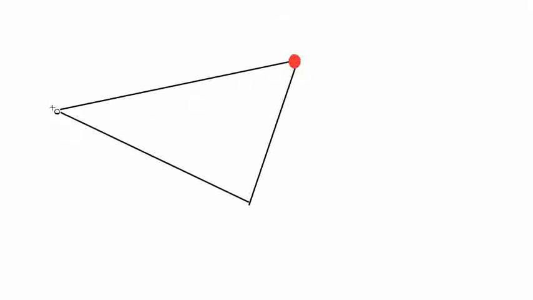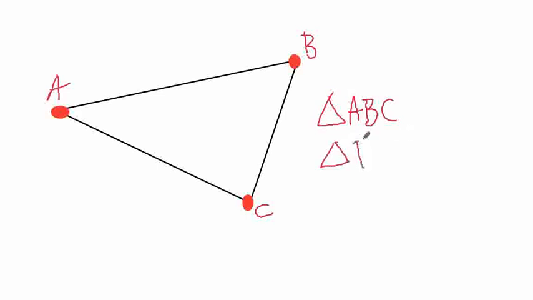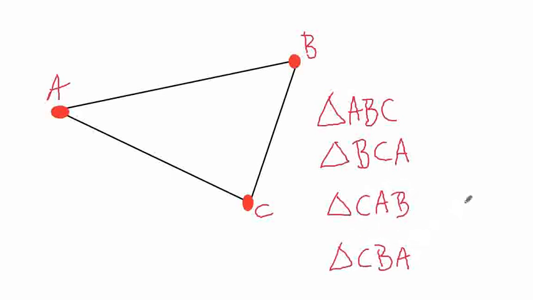So suppose I had a triangle, and suppose that the vertices were A, B, and C. We would refer to this triangle as triangle ABC. You can also call it triangle BCA, or you can even call it CAB or CBA. All right, you get the idea.